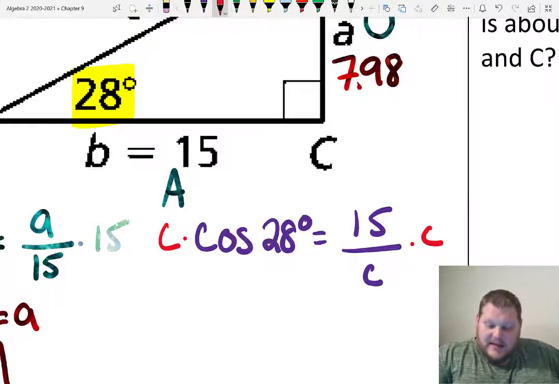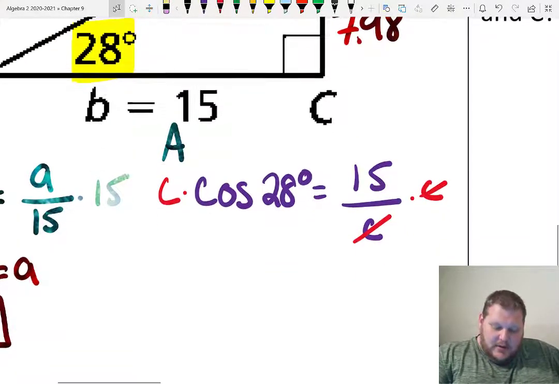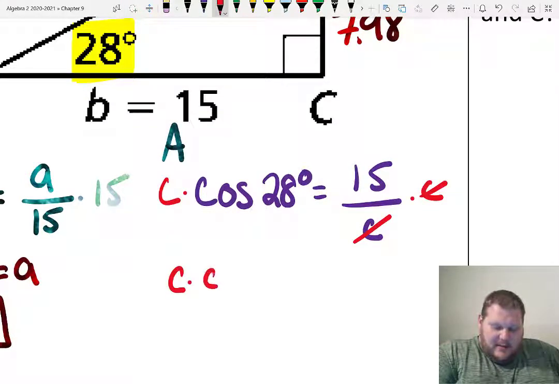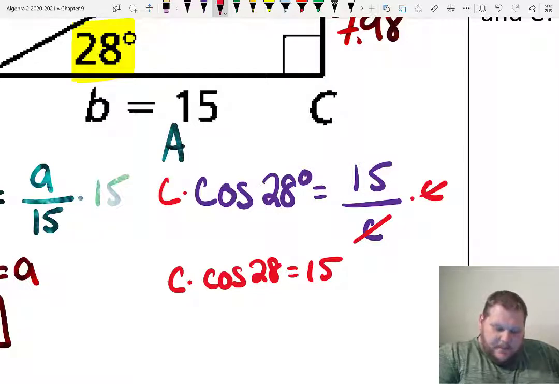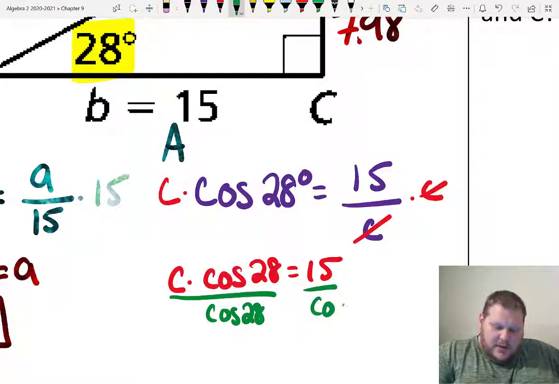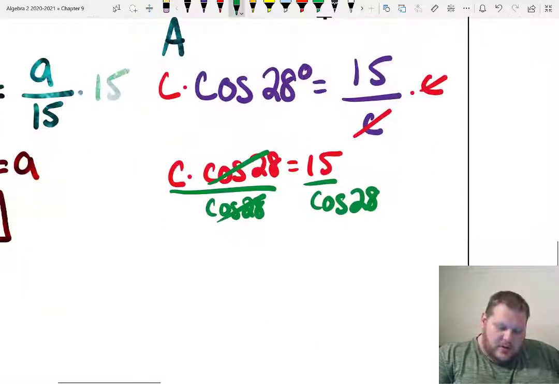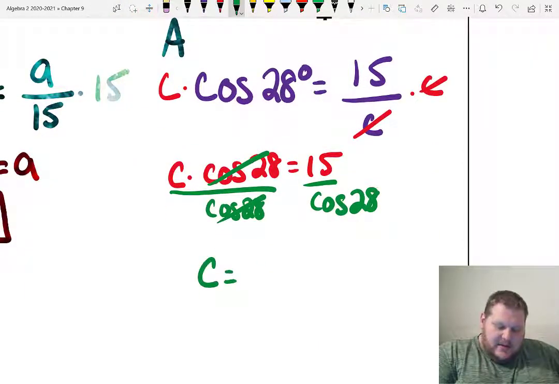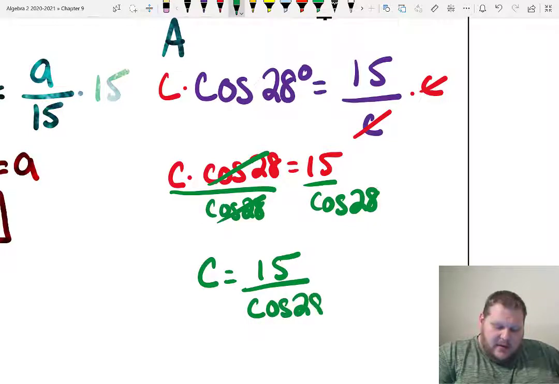So that's c times cosine of 28 equals 15. Then I divide by the cosine of 28 on both sides, and we get that c is 15 divided by the cosine of 28.